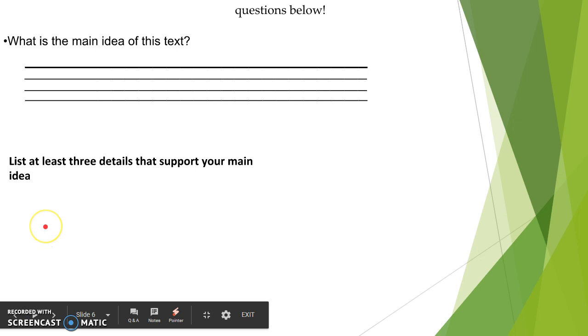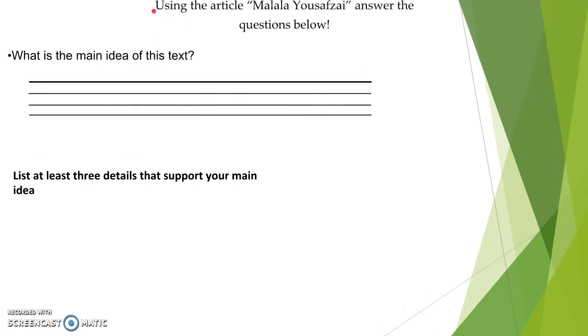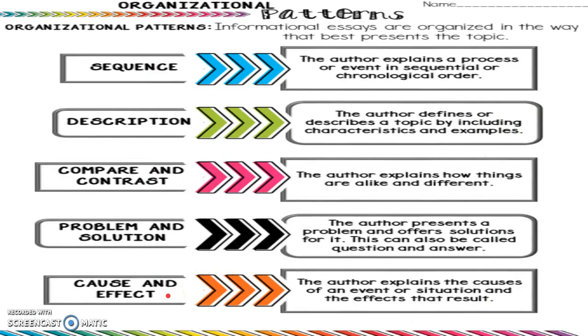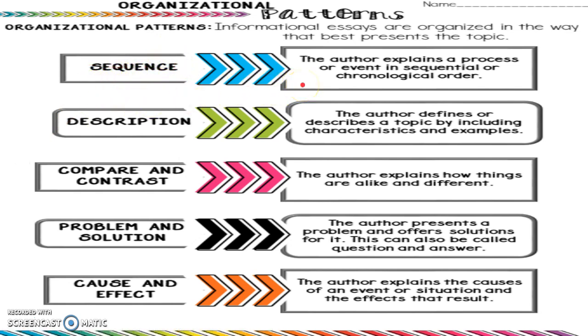All right, fantastic. So hopefully everybody was able to recognize the main idea and then also write down 3 supporting facts about that. Okay, so remember we did talk about organizational patterns, so that's important for this next part. You can organize your information by sequencing, so that's when you explain events in chronological order.